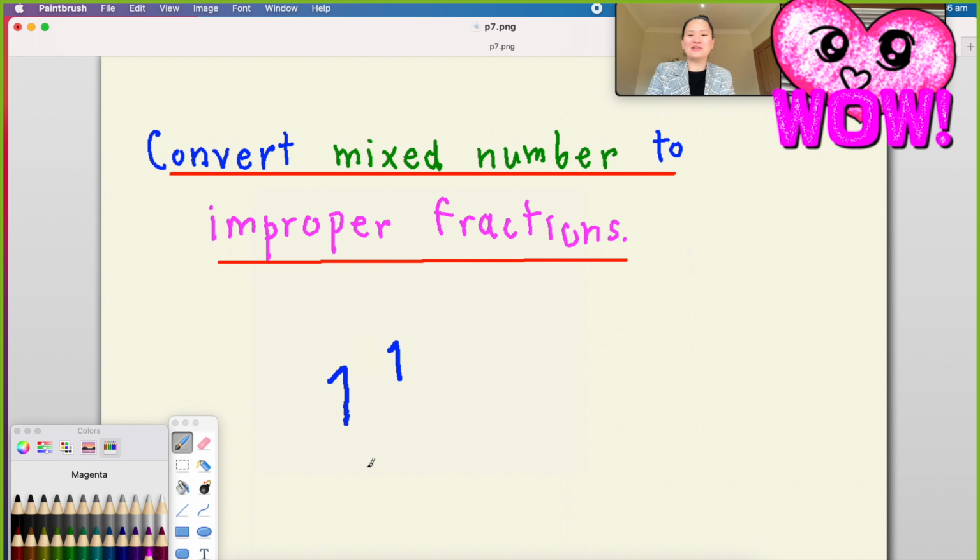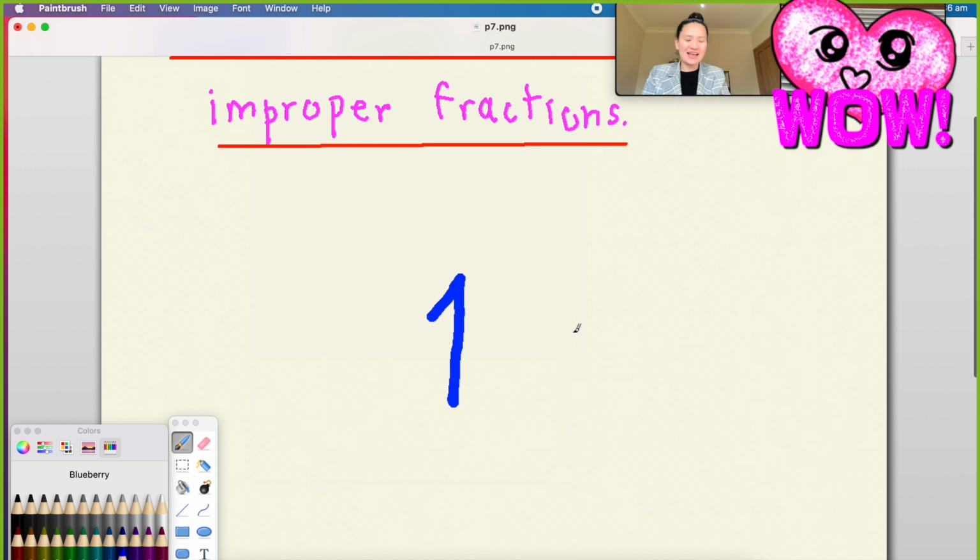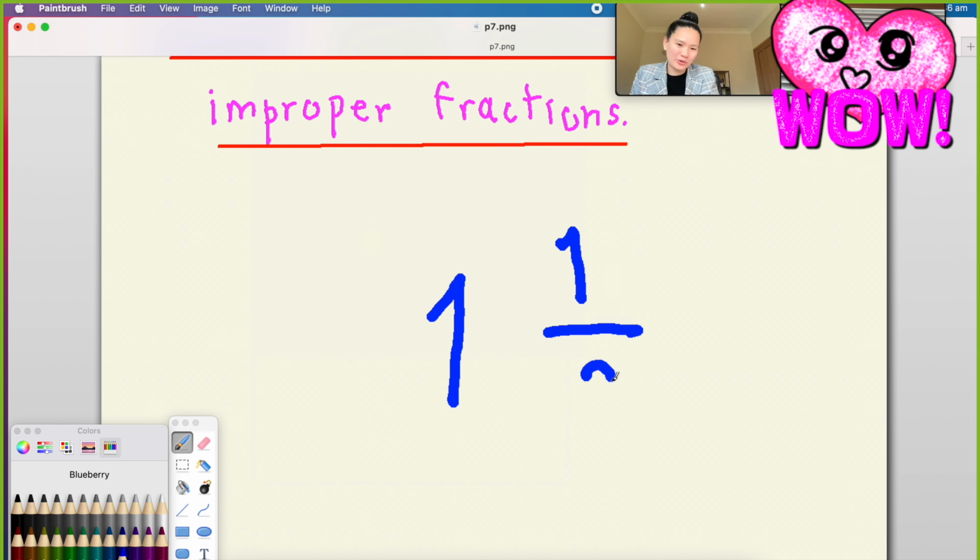I'll write it again, and I'll write bigger this time. You have 1 and then you have proper fraction 1 over 2.